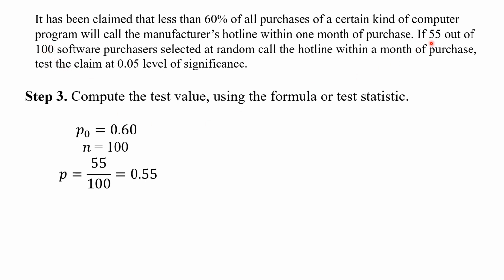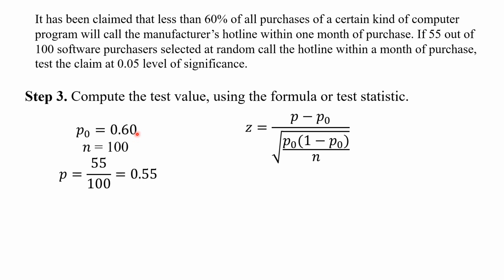Then, para ma-compute yung sample proportion, okay, so, i-divide natin si 55 doon sa 100. So, 55 divided by 100, that is 0.55. So, again, si P, that is the sample proportion. So, siya yung sample lang. Then, si 0.60 or yung 60%, that is the population proportion.